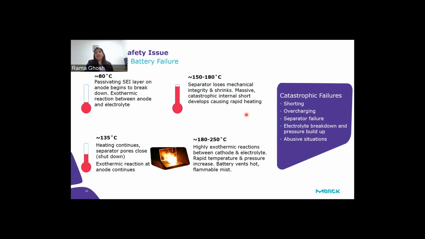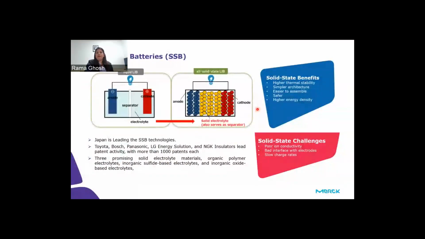To overcome this safety issue, in the last 5 years especially, a lot of research has happened on solid state electrolytes, or you can say solid state batteries. What is the difference? In very minimal layman language, it is the electrolyte difference only. In a liquid lithium-ion battery, the electrolyte is in liquid form, and in a solid state battery, you are using a solid electrolyte.